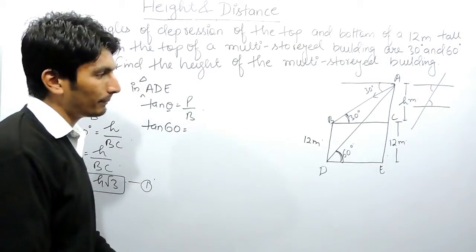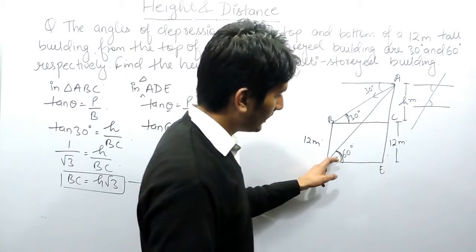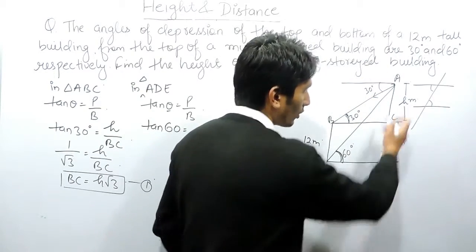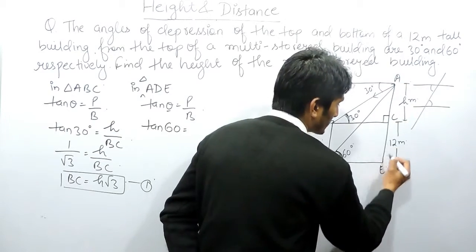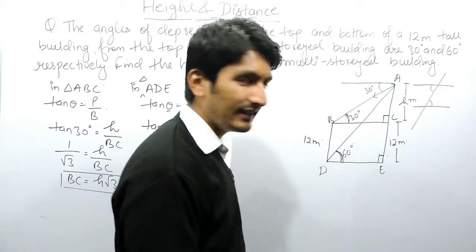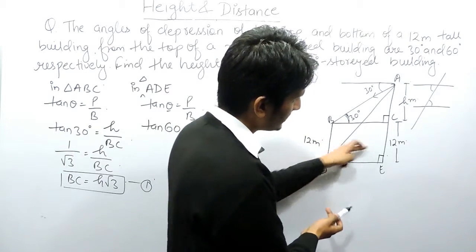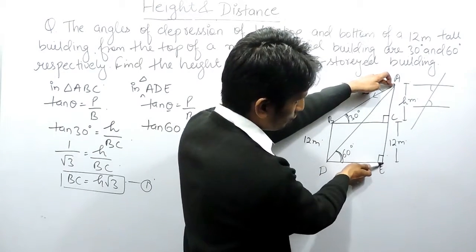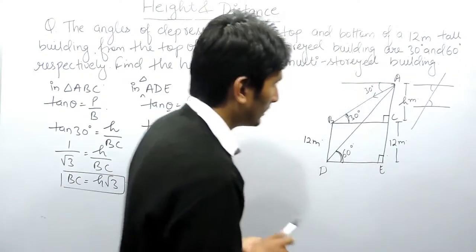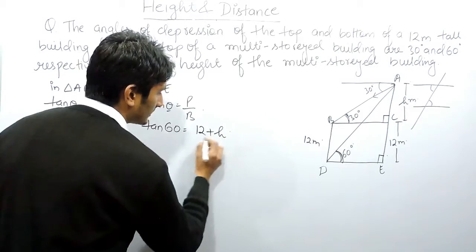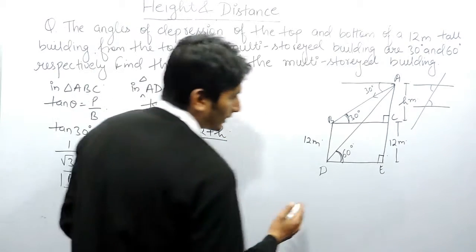For this theta, the side opposite to it is the perpendicular, and this building must form 90 degrees here. So the perpendicular is this much high, which is 12 plus h meters.